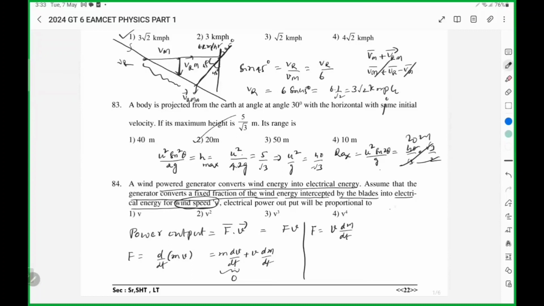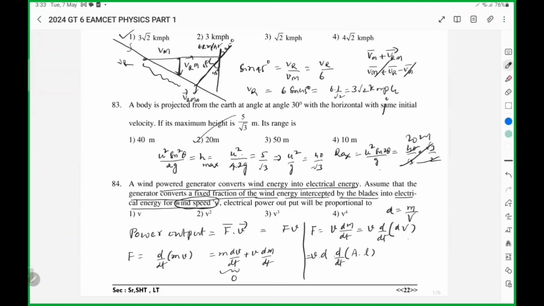So here the amount of wind mass: density is mass per unit volume, so dm by dt is d by dt of density into volume. Density is fixed, so d by dt of area into length.